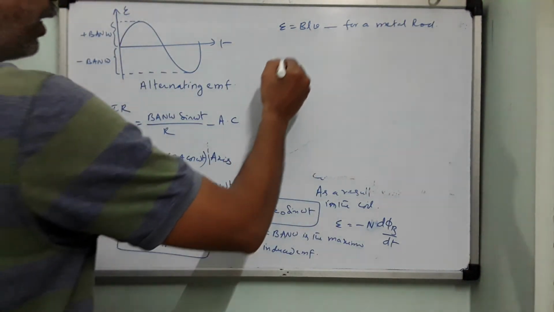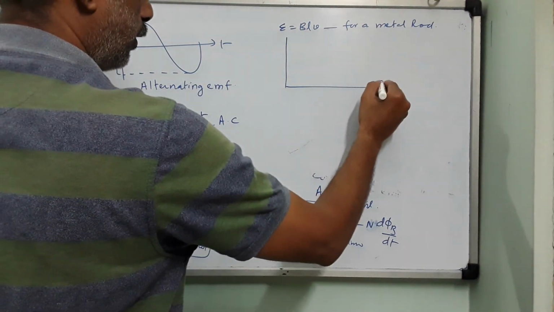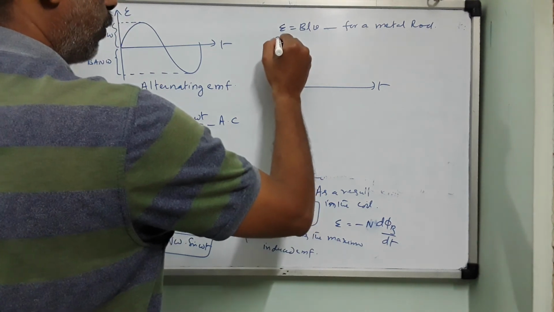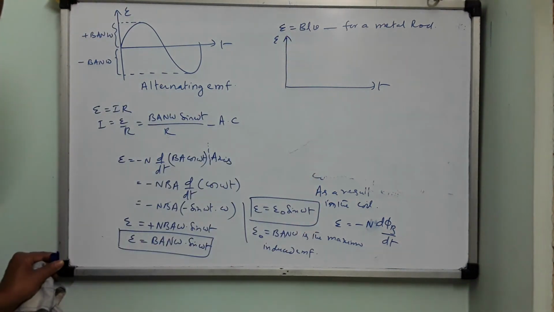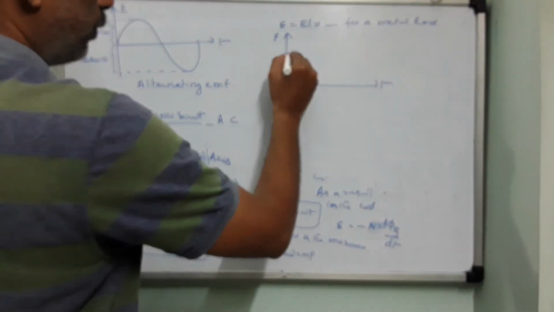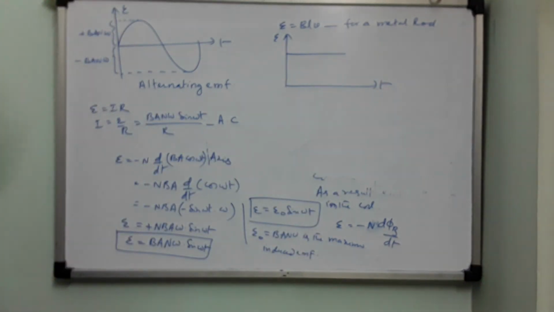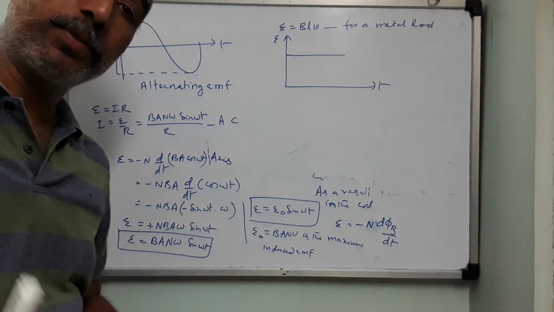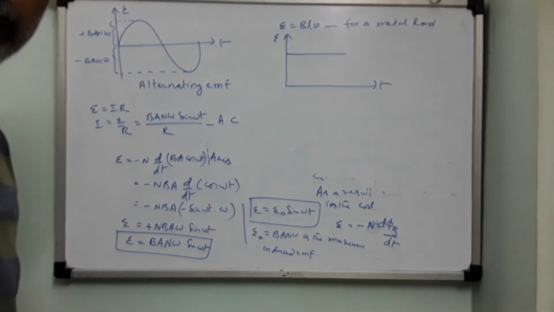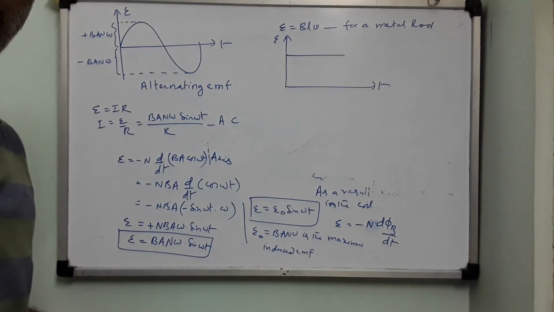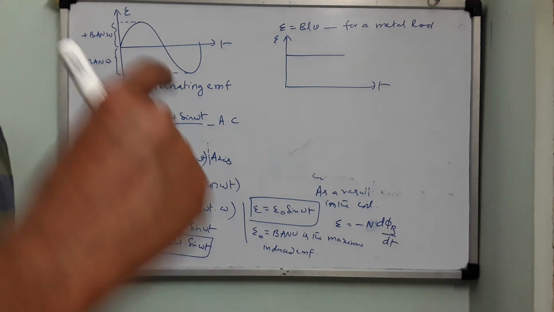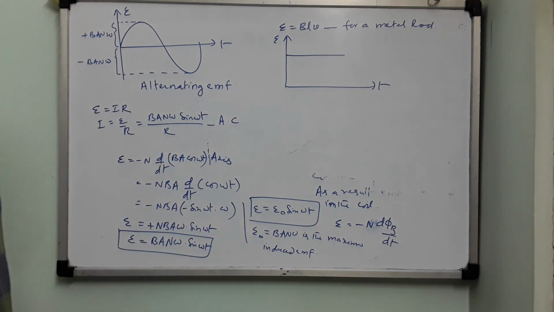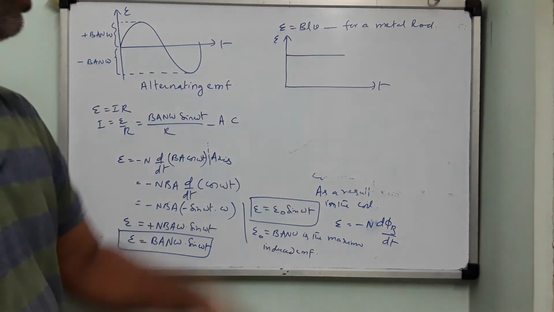So if you are asked to plot a graph between time t and induced EMF E, then it is supposed to be a constant, because the rod is moved with uniform speed v. That's what we are beginning with. Consider a rod of length L moved with uniform speed towards left on the rails. So in such a case, the graph will be what?